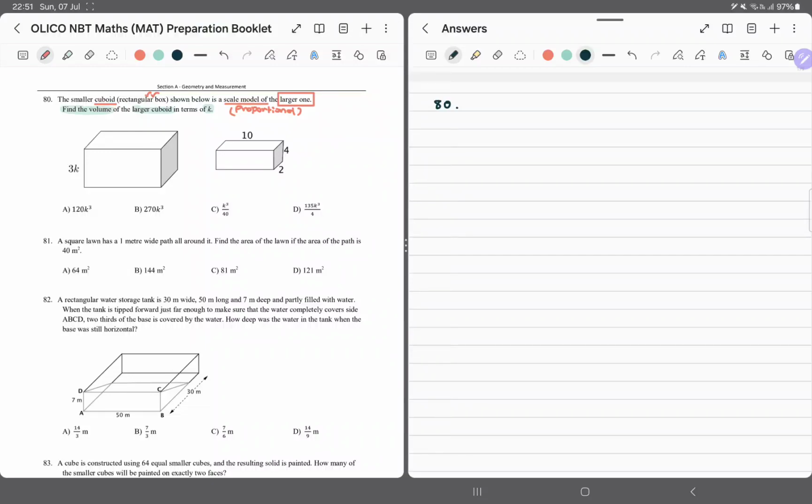So from inspection, we will see that this segment here represents the height of the bigger cuboid. And what represents the height on the smaller cuboid is that. So that means we can actually use knowledge of ratios and proportions. So this is very important.